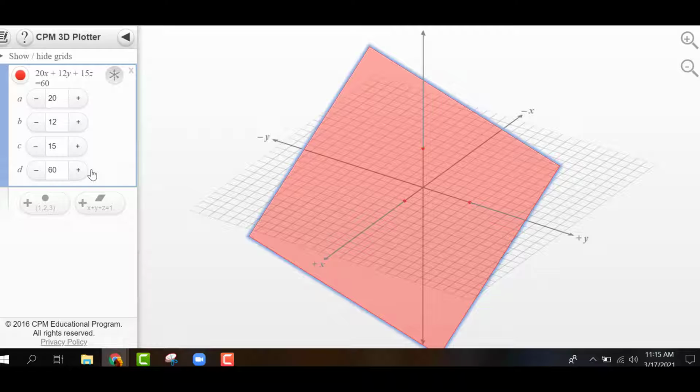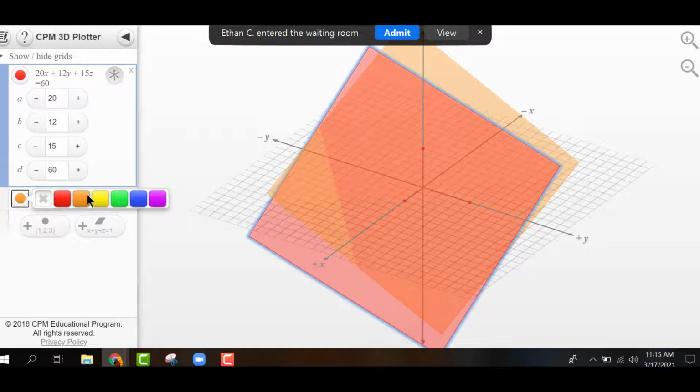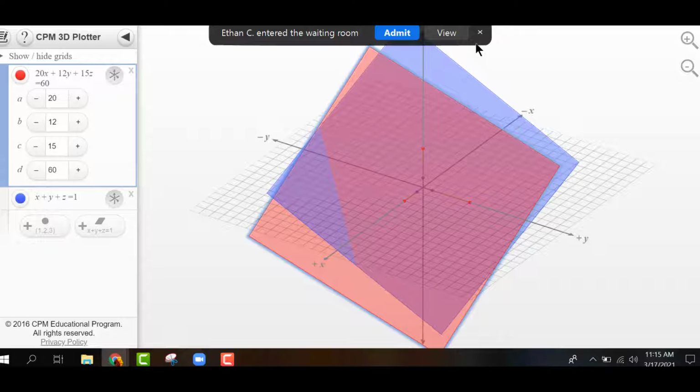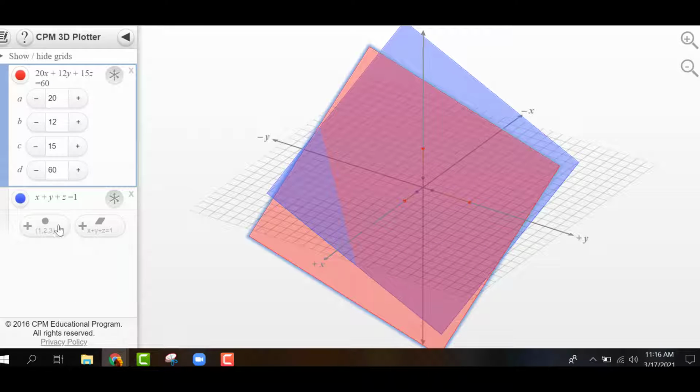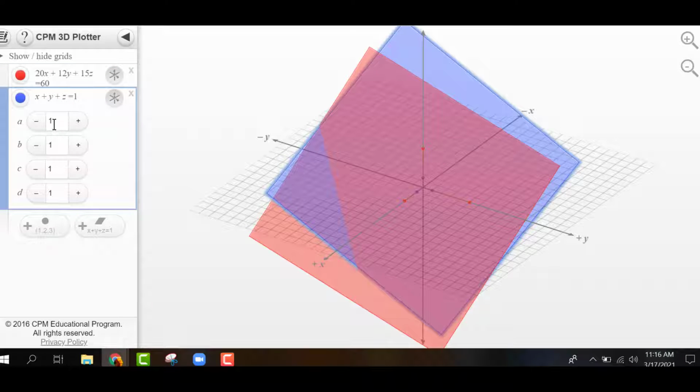And then it's a system, so we need another equation. So if we click on that x plus y plus z little button again, it'll give us a second equation. And those colors are a little too close, so I'm going to click on the color. Let's go red and blue. I like red and blue. And if we click on that equation, then we can put in all of our coefficients.